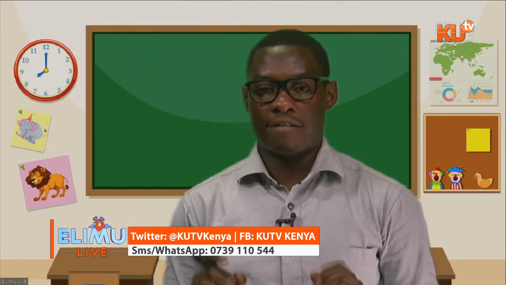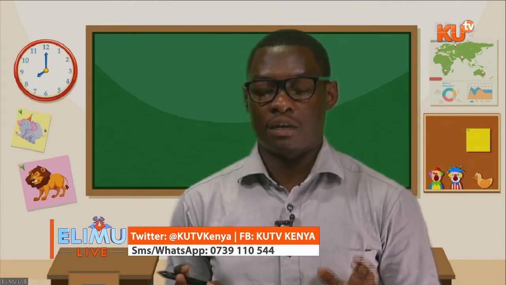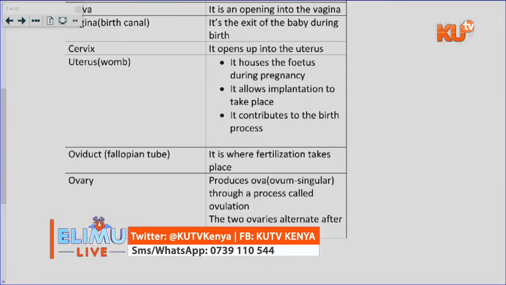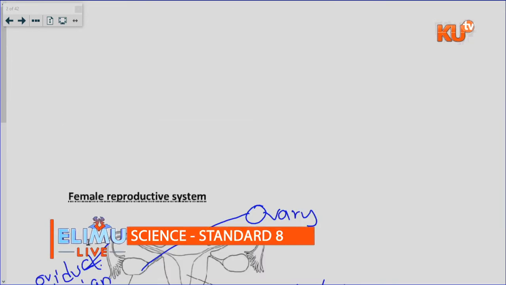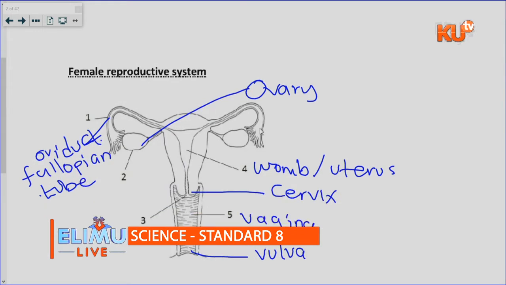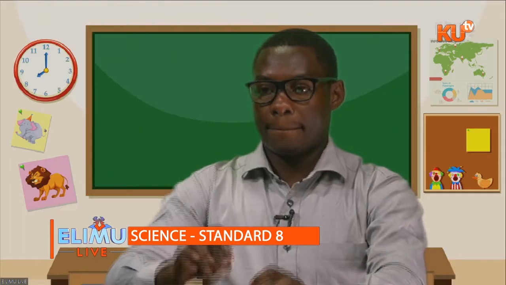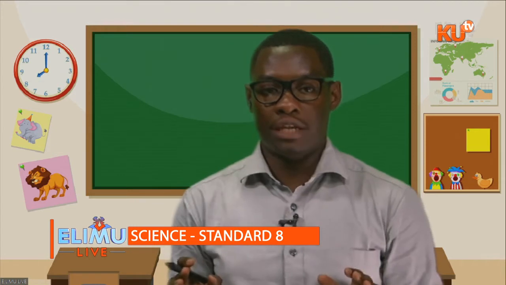A female has two ovaries, one on the right and the other on the left. Let's look at the diagram. So these are the ovaries I'm talking about: this is the first ovary, this is the second ovary. These ovaries produce the ova, and it takes place after every 28 days.